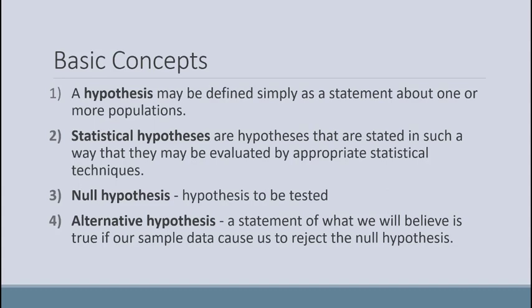If the test procedure leads to a rejection, we will say that the data at hand are not compatible with the null hypothesis, but are supportive of some other hypothesis. Let's look at an example and then formulate a hypothesis for it.